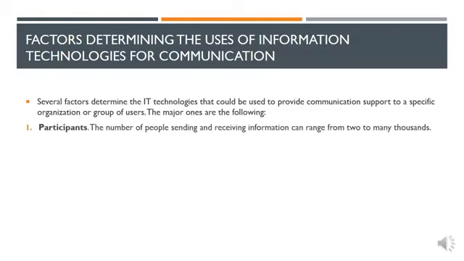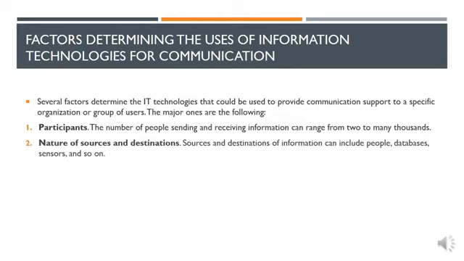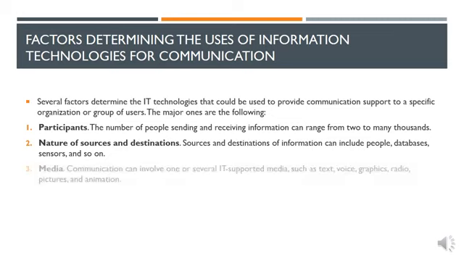The number of people sending and receiving information can range from 2 to many thousands. Number 2, nature of sources and destinations. Sources and destinations of information can include people, databases, sensors, and so on. Number 3, media. Communication can involve one or several IT-supported media such as text, voice, graphics, radio, pictures, and animation.